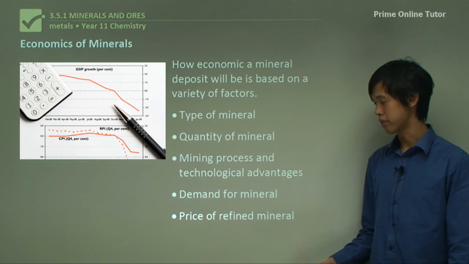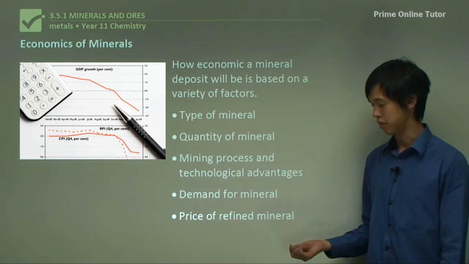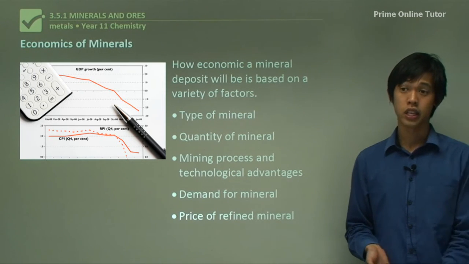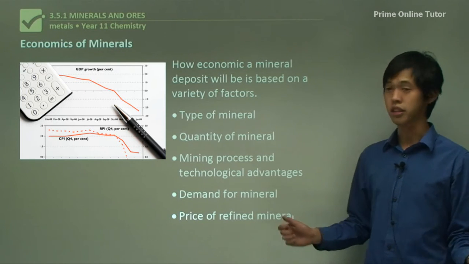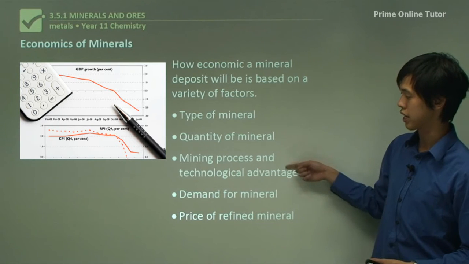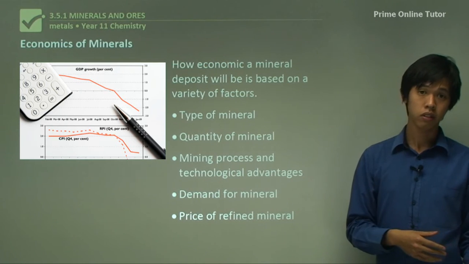And of course, the economics is the price of the refined mineral. Once we have the mineral, we've taken the metal out, how much is that metal worth? If it's worth a lot, then we could sell it, and that mineral deposit, even though it may not have all of these, could still be useful.